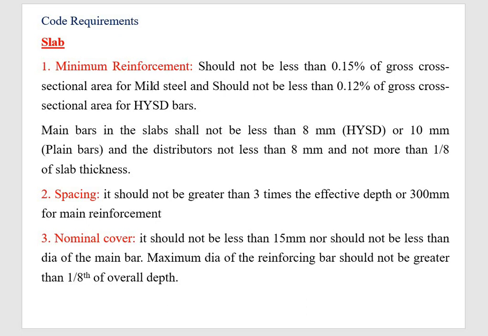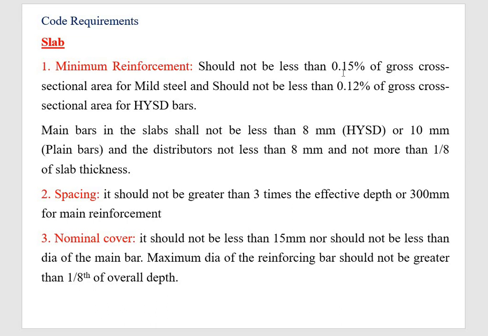As I know, now in the market we are not using mild steel. Earlier we used to use it. So for mild steel, the minimum reinforcement should not be less than 0.15% of gross cross-sectional area. This is a standard thing.